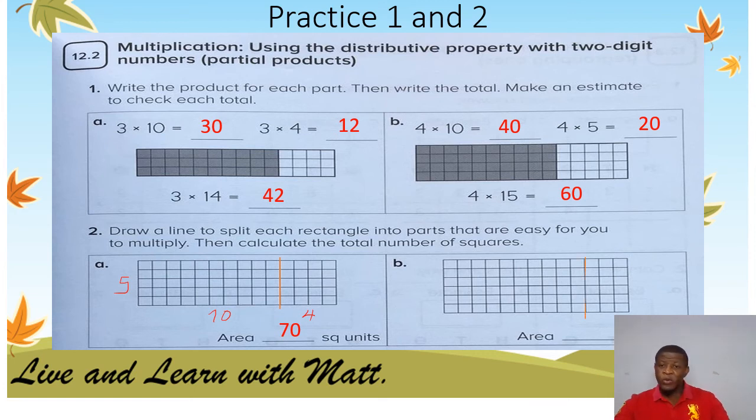Part B, we draw the line. And this is 6. And this is 10. And this is 3. So 6 times 10, 60, 6 times 3, 18. Altogether will be 78.